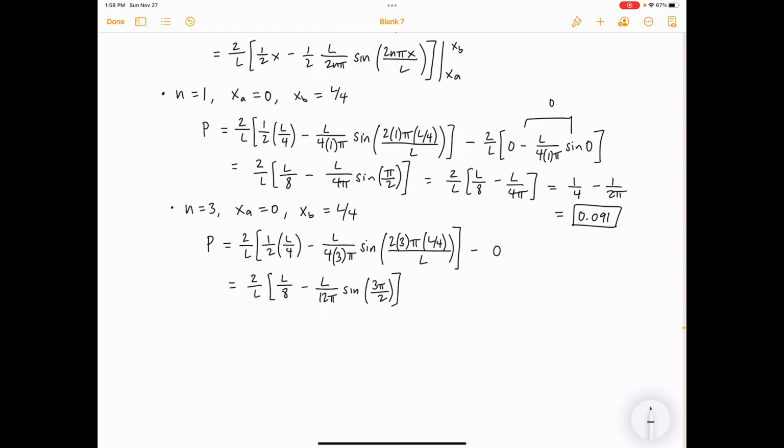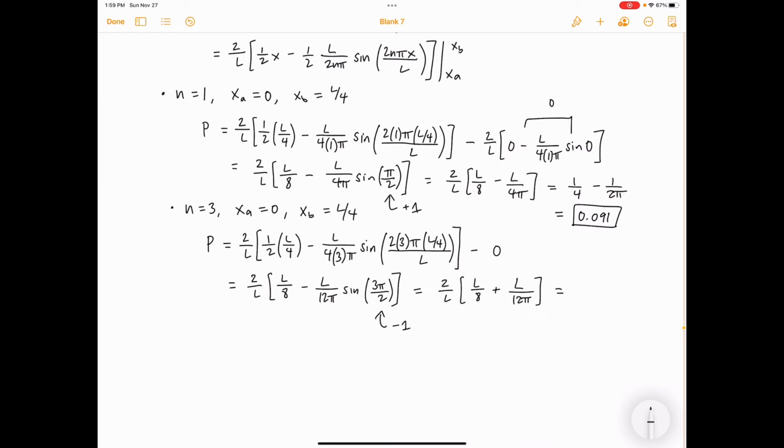And the sine of 3 pi over 2 is actually minus 1. The sine of pi over 2 over here was positive 1. That's what we did. But sine of 3 pi over 2 is minus 1. So actually we have 2 negative signs. We have an overall positive sign. We have 2 over L times L over 8 plus L over 12 pi, like this.